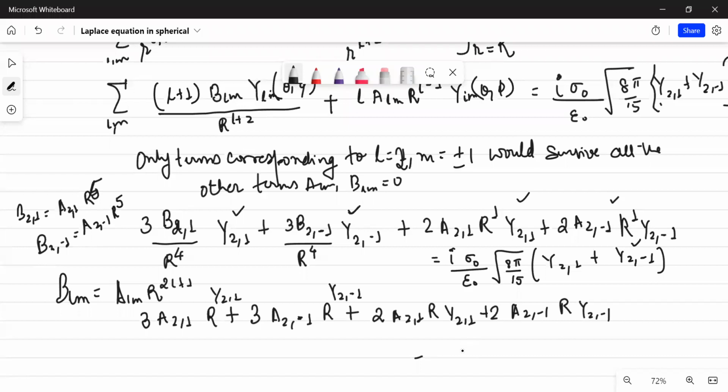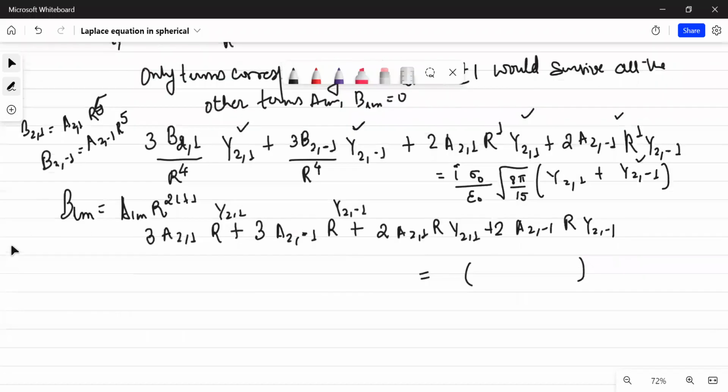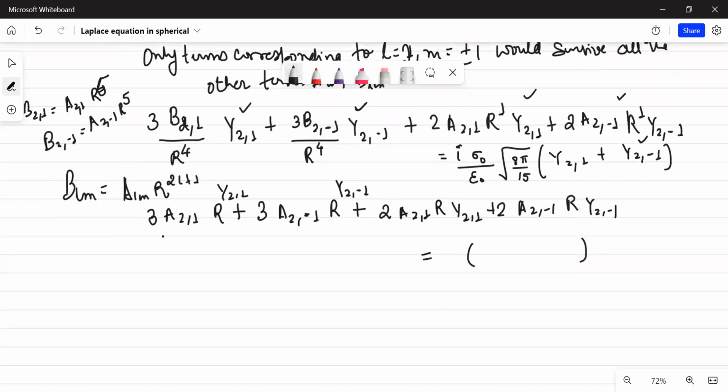Now I think you are in a position to compare both of the sides. So what will it be? If you simply compare, this will be 3 here and 2 here, so this is 5 A 2 1 R Y 2 1. Again, this is 5 A 2 minus 1 R Y 2 minus 1.